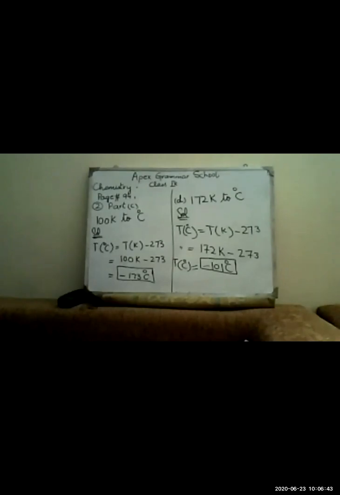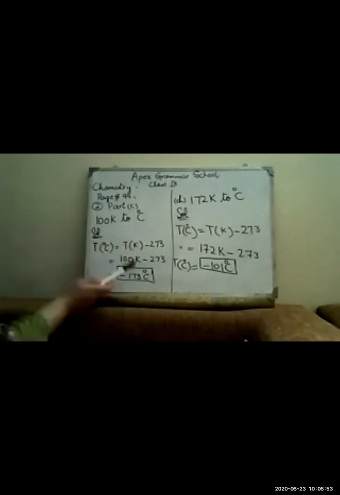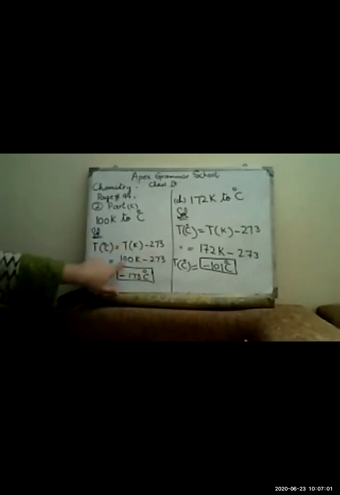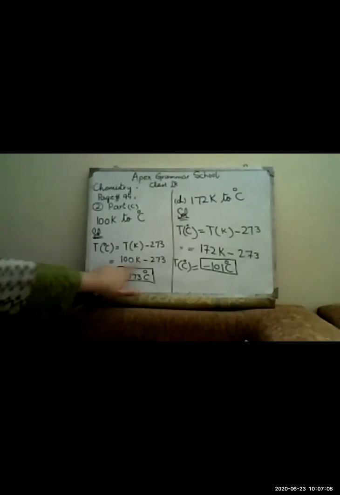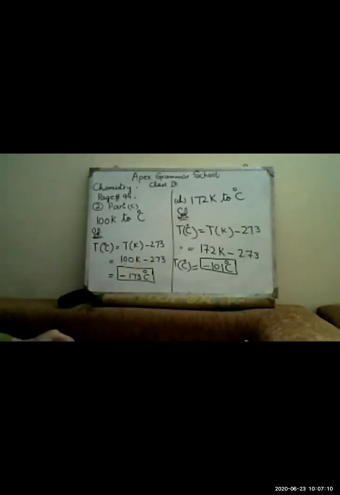Right. Okay. So let me explain. Last time I also explained that whenever we are converting temperature from Kelvin to degree centigrade, we have to keep in mind that there is a negative sign, minus 273. So 100 minus 273, the negative sign will come along because 100 is a small quantity and it is going to be deducted from 273, then minus will come definitely.